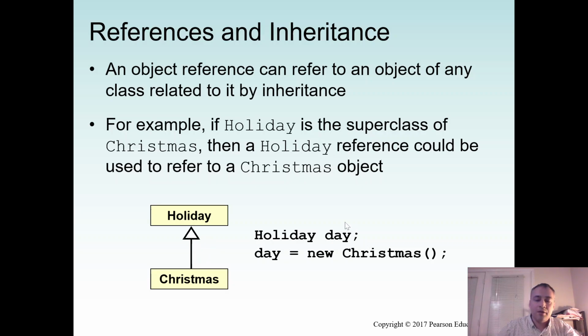Holiday day, we are declaring a variable for an object of the Holiday class. And day is initialized with a new object, new Christmas. Christmas being a subclass of Holiday makes it fine. So Christmas actually inherits from Holiday. You cannot do it the other way around.